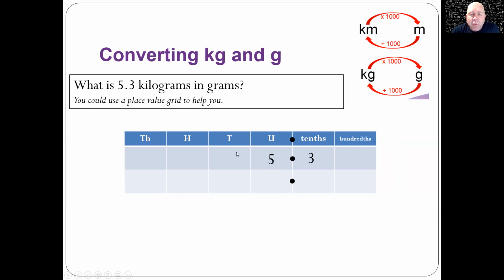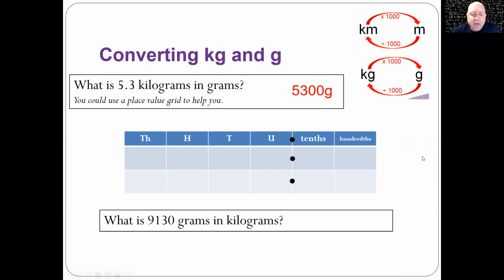So the 5 is going to go 1, 2, 3, and end up in the thousands column. The 3 from the tenths column is going to go 1, 2, 3 into the hundreds column. Then we use zeros as placeholders to give us the number 5,300. So 5.3 kilograms is 5,300 grams.